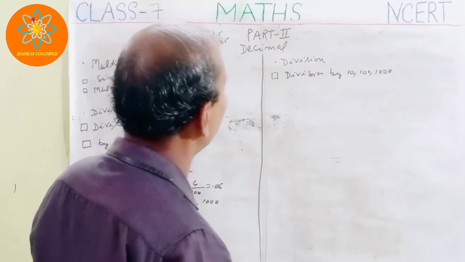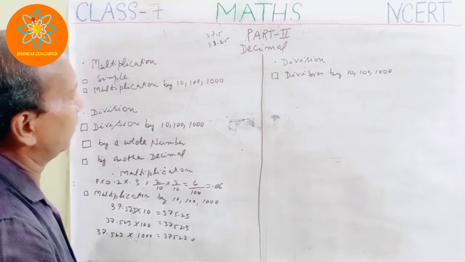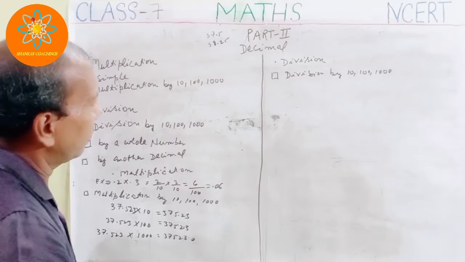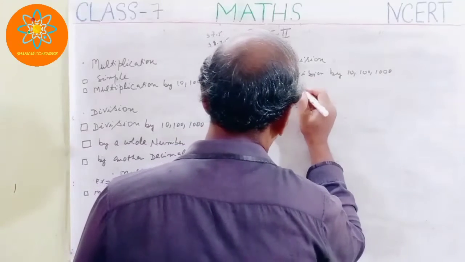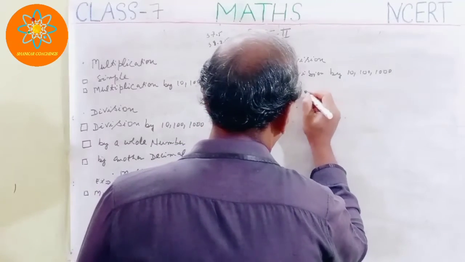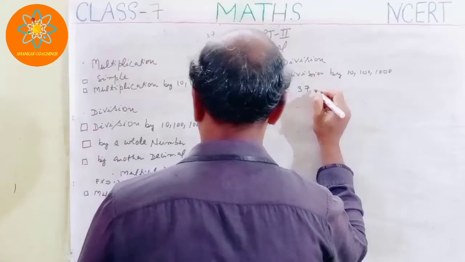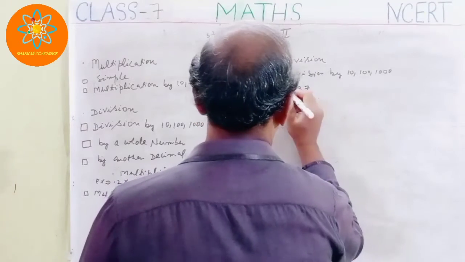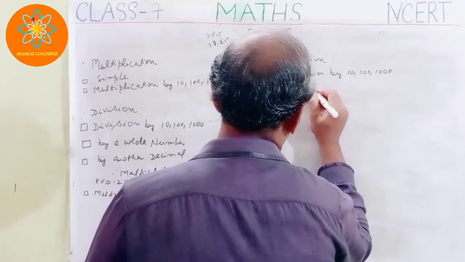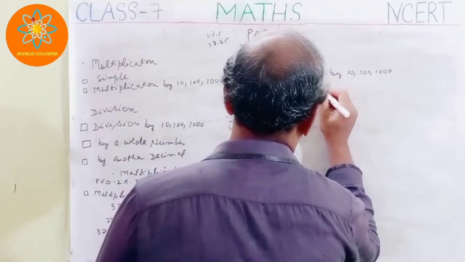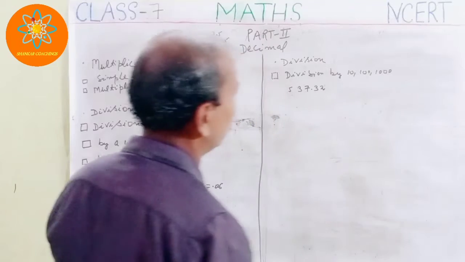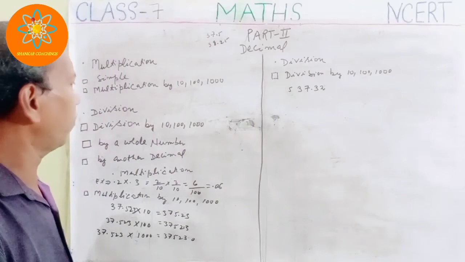Let's suppose I am taking an example, any number like 537.32.